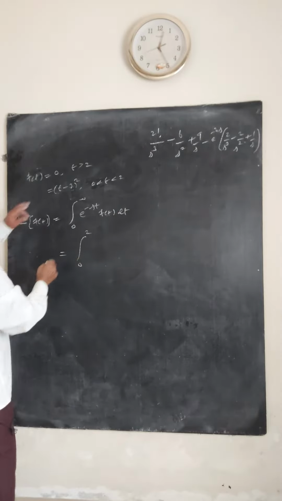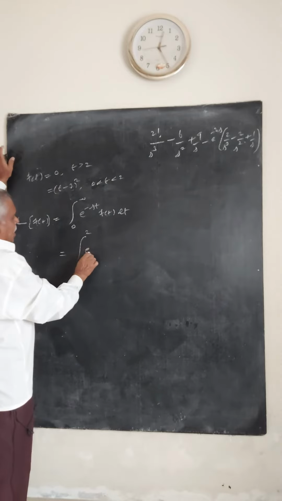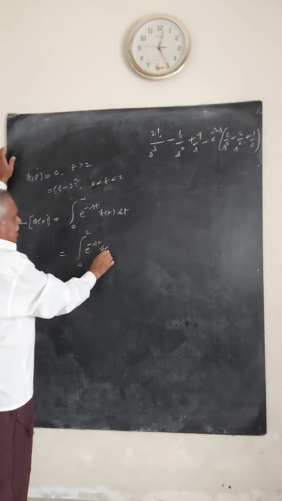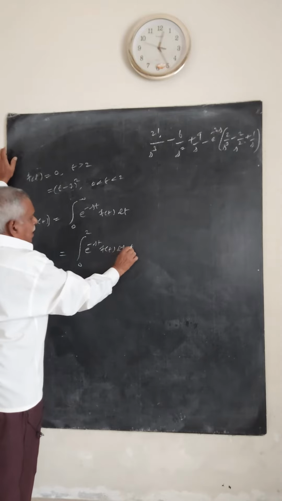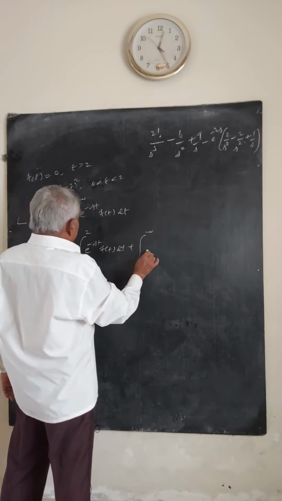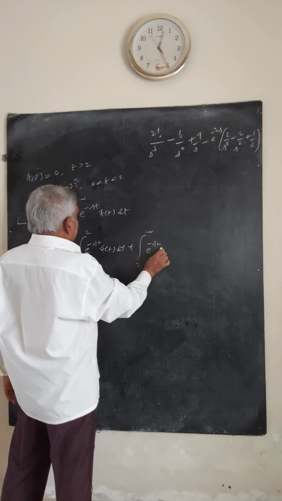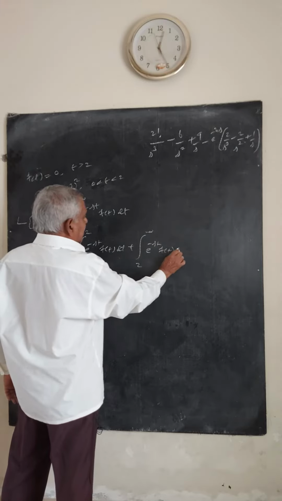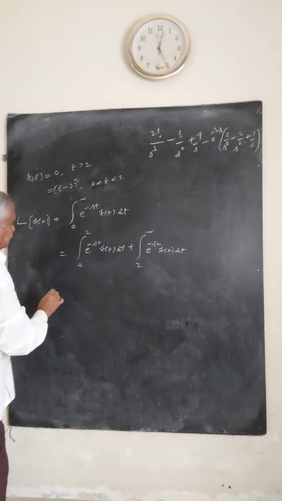Splitting into two parts: the integral from 0 to 2 of e power minus st f of t dt, plus the integral from 2 to infinity of e power minus st f of t dt.